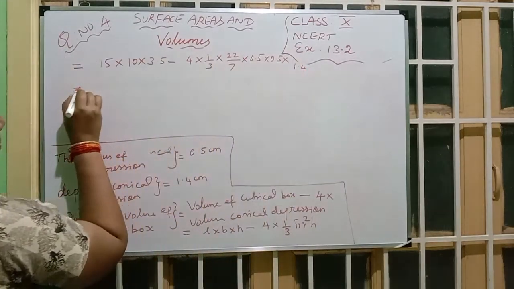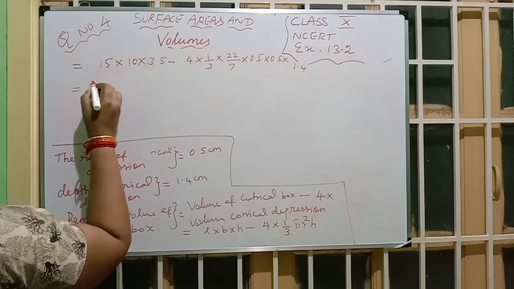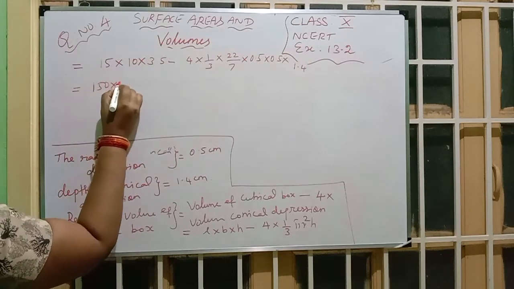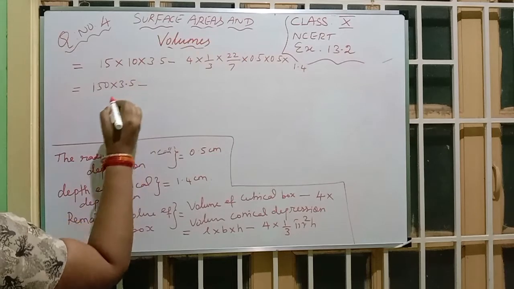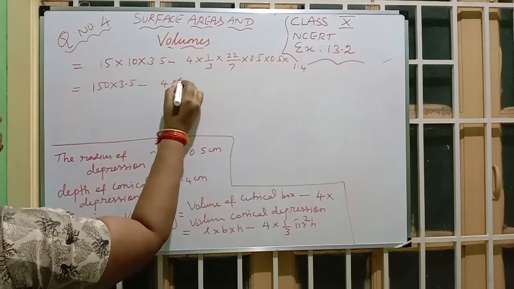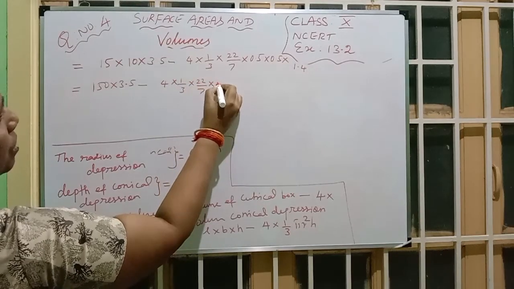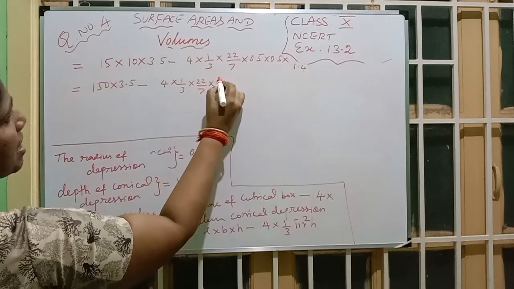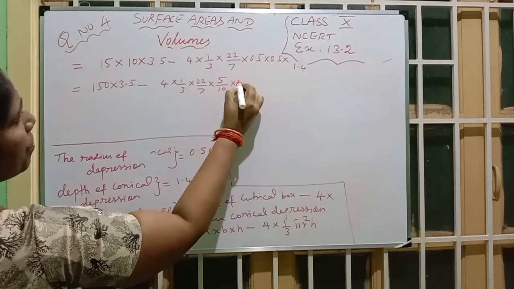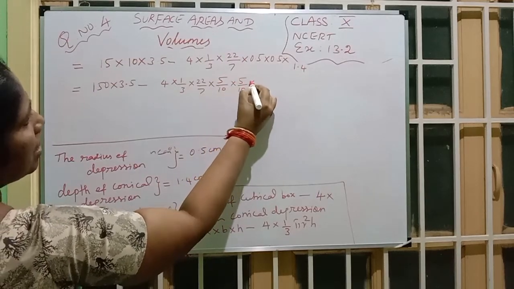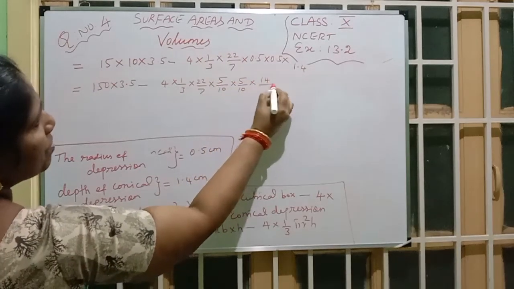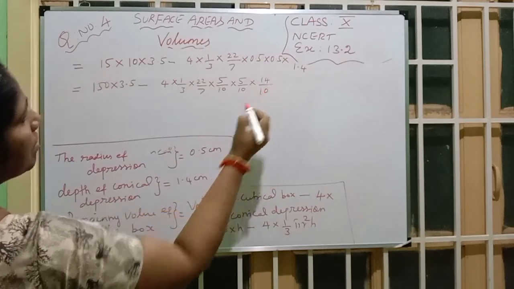Now 150 into 3.5 minus 4 into 1 by 3 into 22 by 7 into 0.5, which can be written as 5 by 10 into 5 by 10 into 14 by 10.